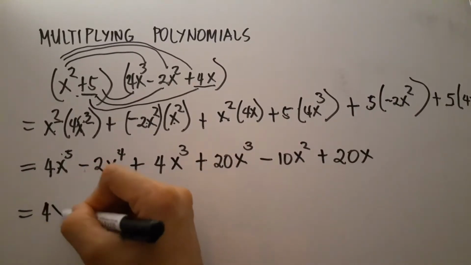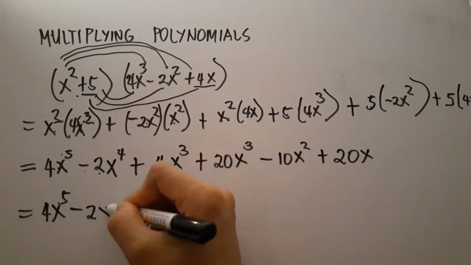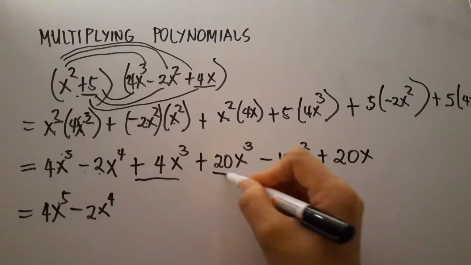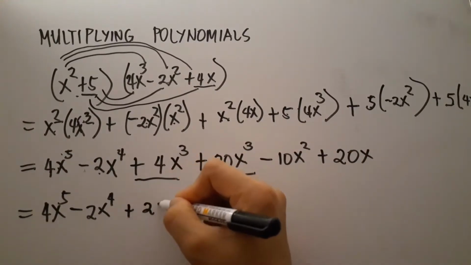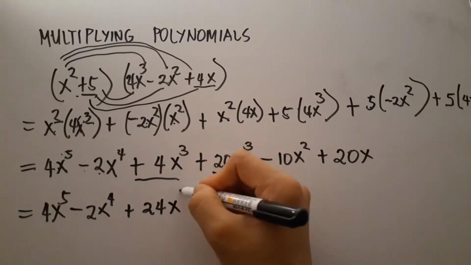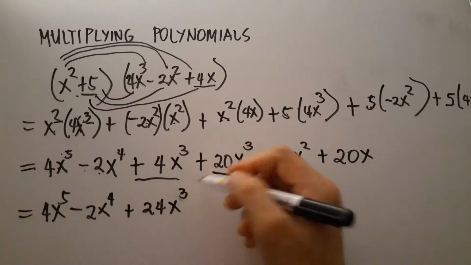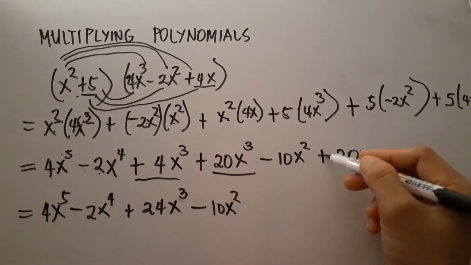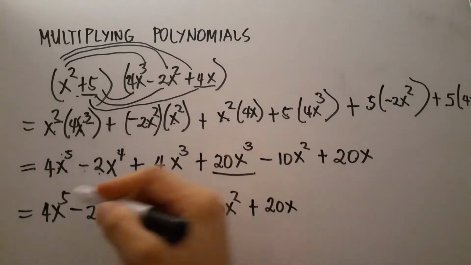And then we combine like terms. 4x cubed and 20x cubed are like terms, so we can add them, and it becomes 24x cubed, negative 10x squared plus 20x. And this is the answer.